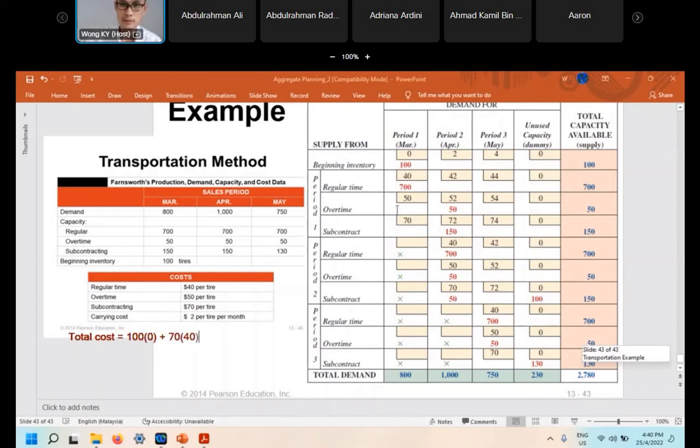Okay, you use the quantity here times the cost. 100 times 0 plus 700 times 40 plus 50 times 52. Okay, you just repeat the process. 150 times 72. Okay, and you repeat calculation and you will get the total cost.